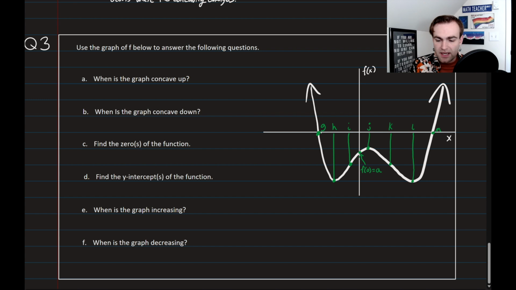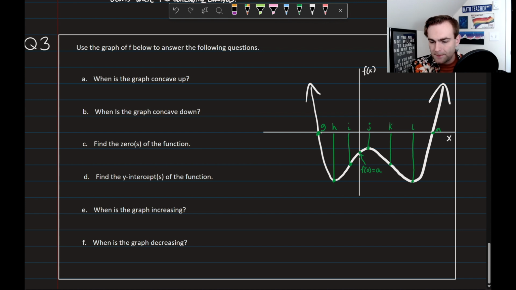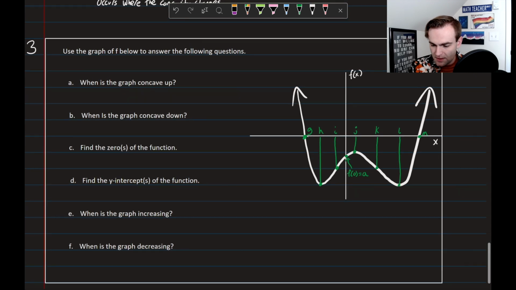So where is the graph concave up? Well, concave up means we're looking for those up U shapes, right? So if I look at this graph here, I can see a nice U shape kind of all along here. And then it switches to be upside down. And then it switches again at this k.